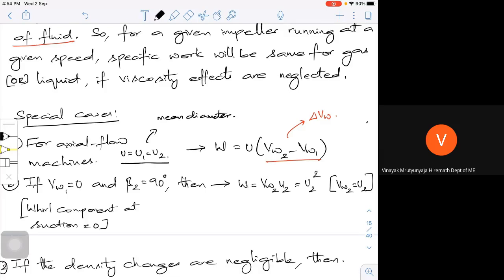Okay. Also, there are machines where at the inlet there is no whirl velocity, no tangential component, because the flow directly enters the machine.